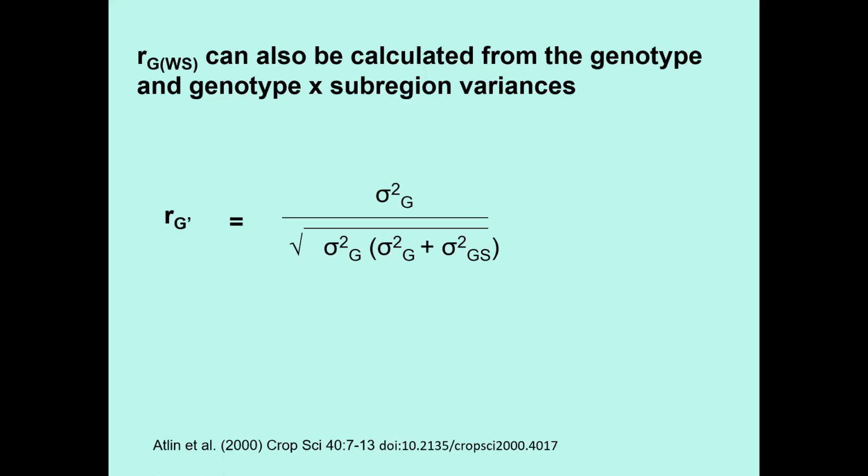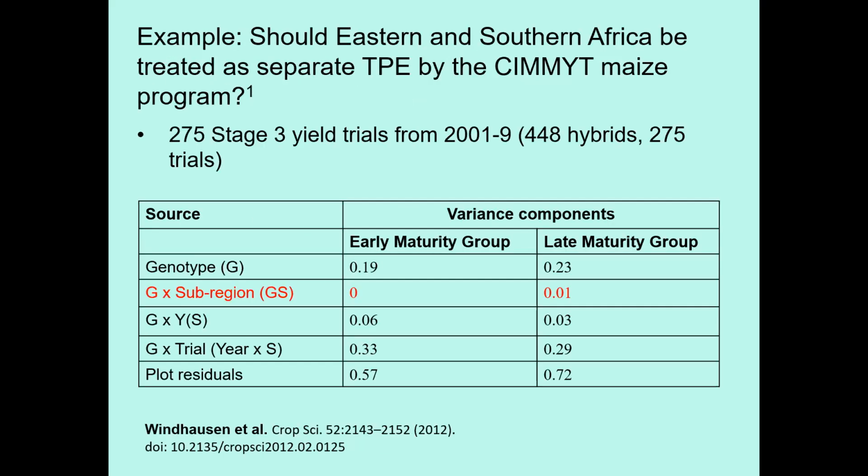Both are relatively easy to estimate. This one doesn't work if you would have a negative genetic correlation between subregions, and it's also quite sensitive to differences in genetic variance size within the subregion. So there are advantages and disadvantages to all of these types of estimator, and sometimes you want to look at both and make sure that they agree with each other.